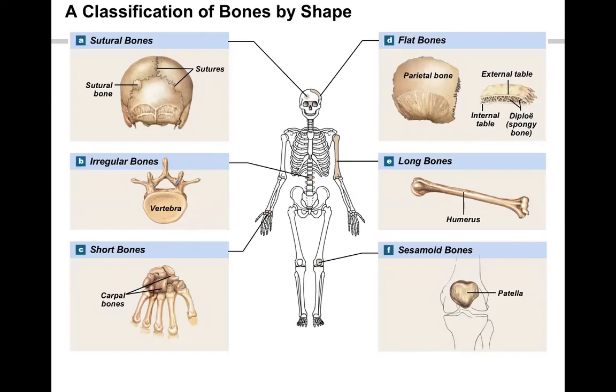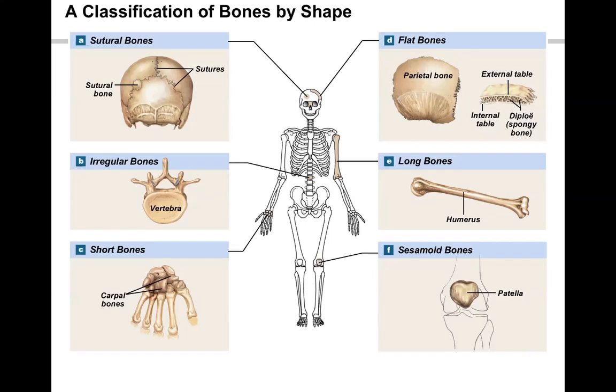As a result, these are called irregular bones. Short bones. Short bones appear box-like. These are the carpals in your arm and the tarsals in your foot. These are box-shaped. They are usually clumped together, and these are short bones in our body.